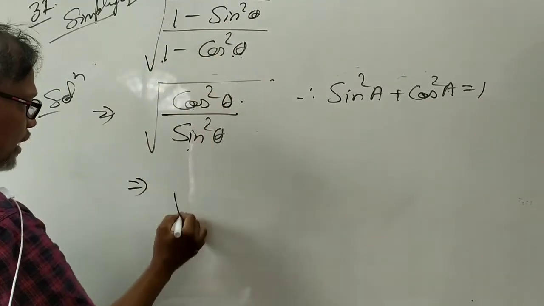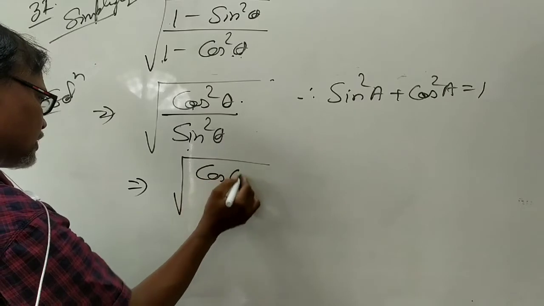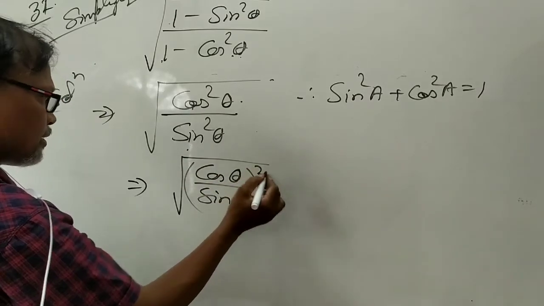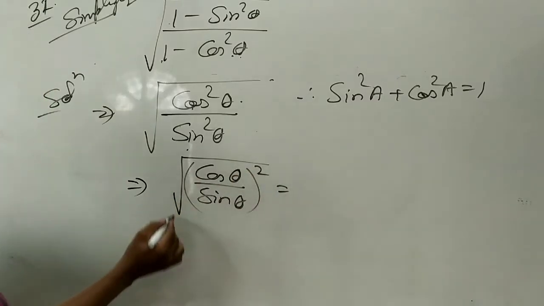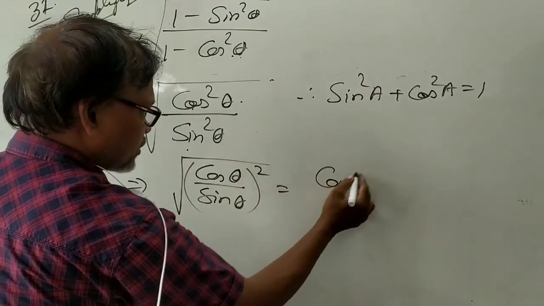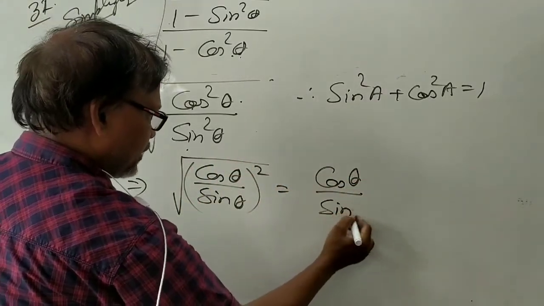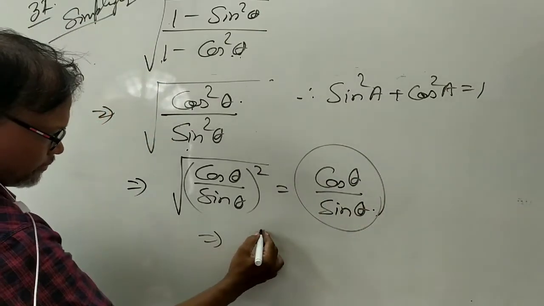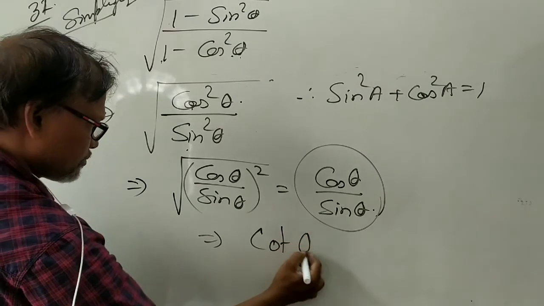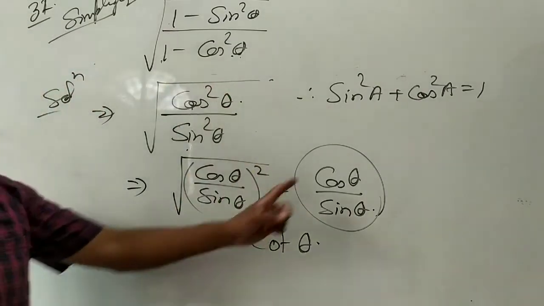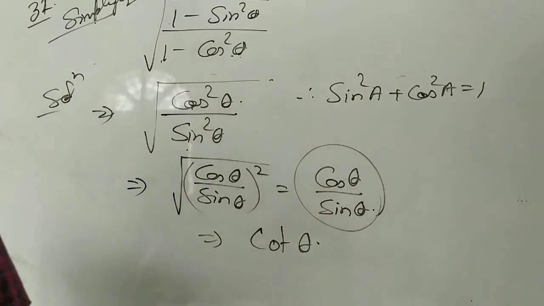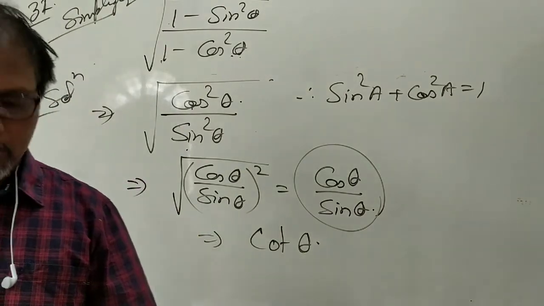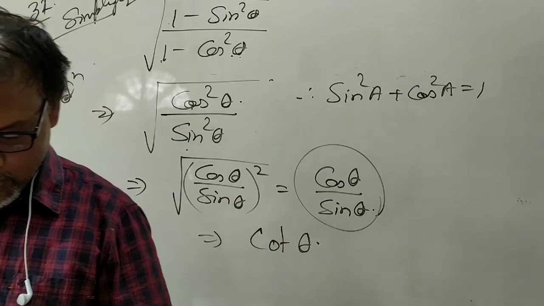Now can we not write it as cos theta upon sin theta whole square, and because it is square, the root will go away, so what will it become? It becomes cos theta upon sin theta. And what is this called? Cot theta. This is the formula, cos theta upon sin theta. So in this way we can say that this exercise is over.